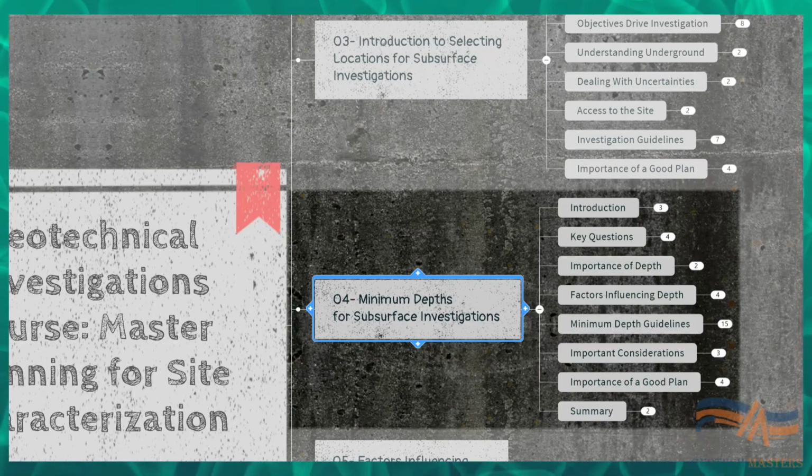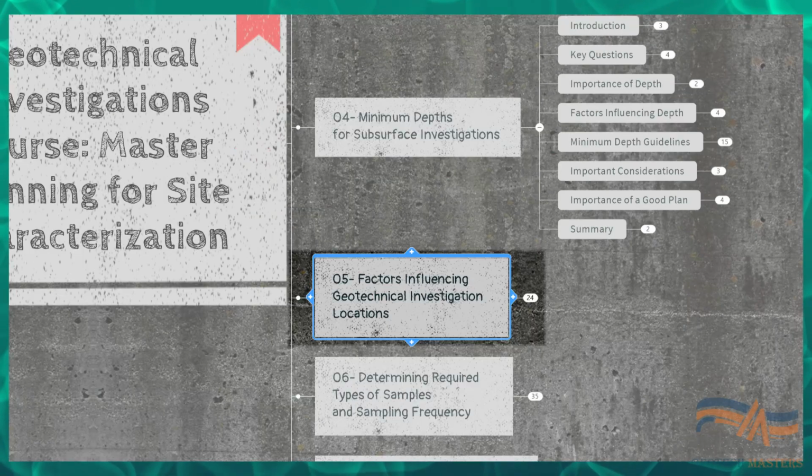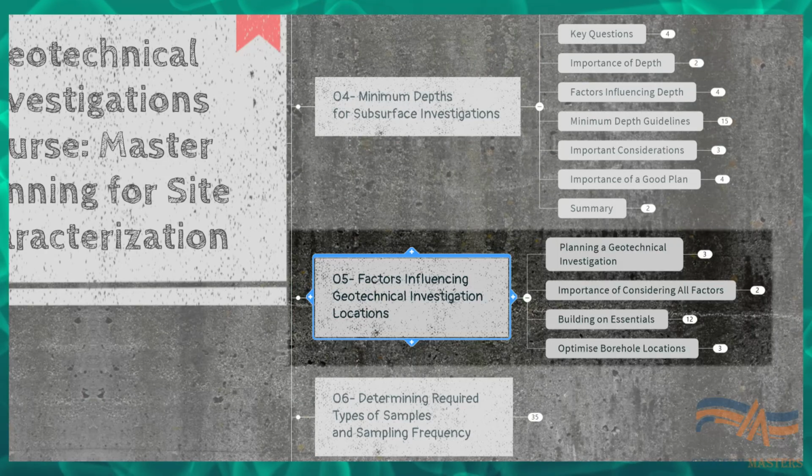for various structures. Episode 5, Factors Influencing geotechnical investigation locations. Building on our discussion of location selection, we'll explore additional factors beyond project features that influence where we conduct our tests and boreholes, such as subsurface conditions and access constraints.